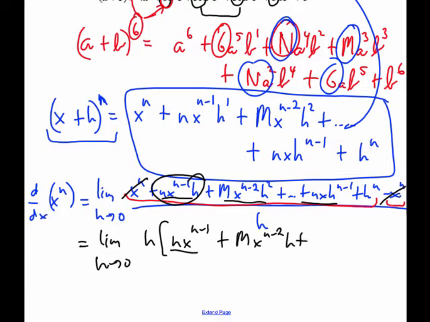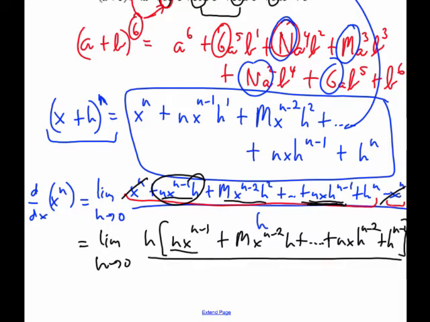Okay, so I'm just working my way down. If I factor an h out of that, that's going to be nx h to the n minus 2 plus h n minus 1 all over h. And those cancel out. So now I'm ready to evaluate my limit.